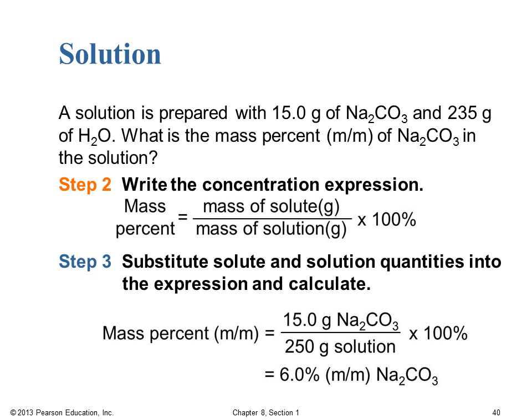We know the mass of the solute is 15 grams, so we have to figure out the mass of the solution. The solution is made up of sodium carbonate and water, so we add those two together, the solute and the solvent: 15 plus 235 is equal to 250. Then we divide 15 by 250 and multiply by 100, and we get 6% mass by mass of sodium carbonate.